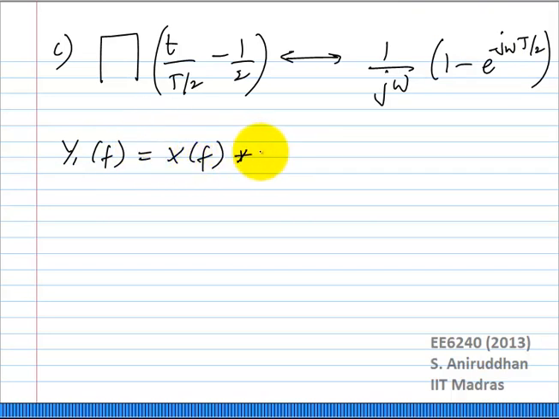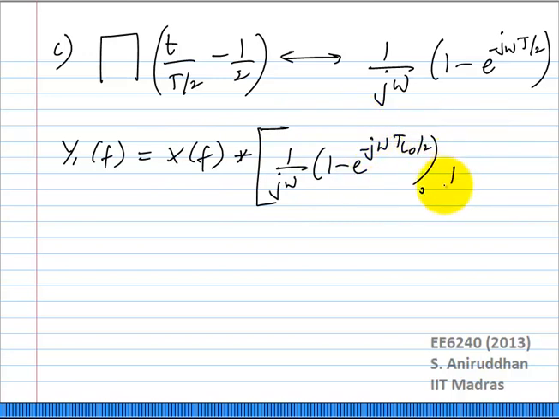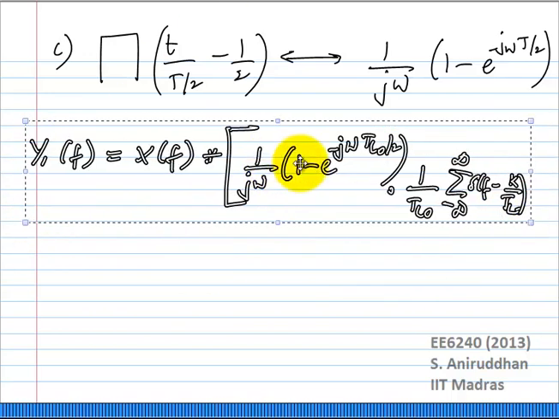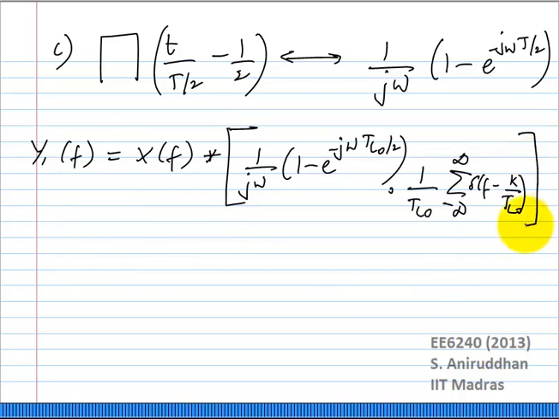Now the multiplication becomes a convolution: 1 over j omega into 1 minus e power minus j omega T LO by 2, multiplied by the impulse train in the frequency domain. Okay, so this is what y1 of f is.